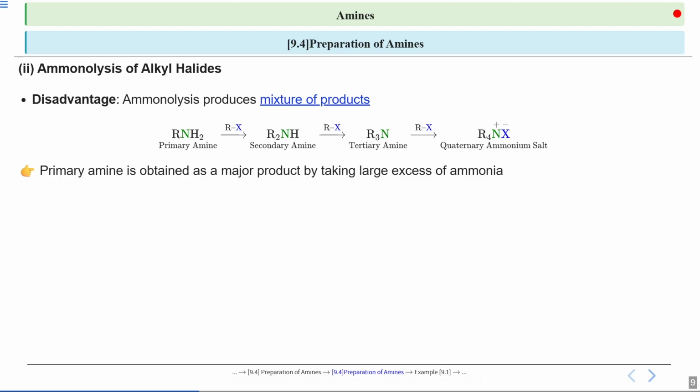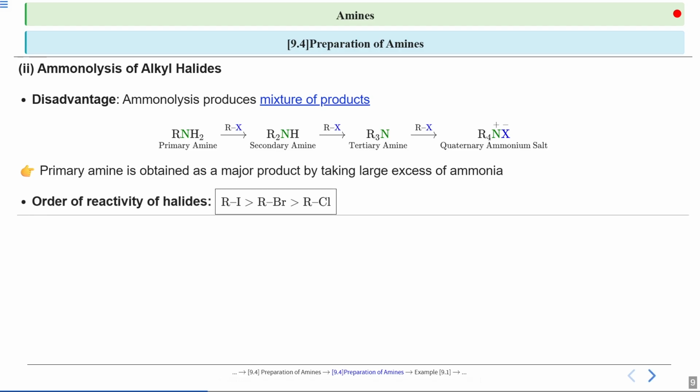To get mostly primary amine, we use a large excess of ammonia. This way ammonia is more likely to react with the alkyl halide than the amines that are forming. So by adjusting the amount of ammonia, we can influence which product is formed in greater quantity.